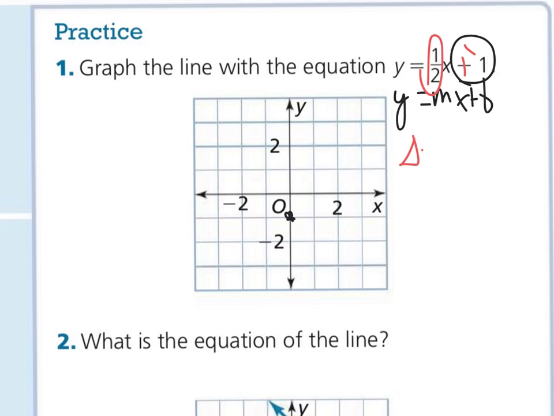Remember, slope is change in y over change in x. So from that point, we can go up 1 and over 2, and that'll get us to another point on the graph, which would be at the point 2, 0. Then we draw a line through that. Always think about, once you've graphed your equation, is my line going the correct direction, whether we have a positive or a negative slope.